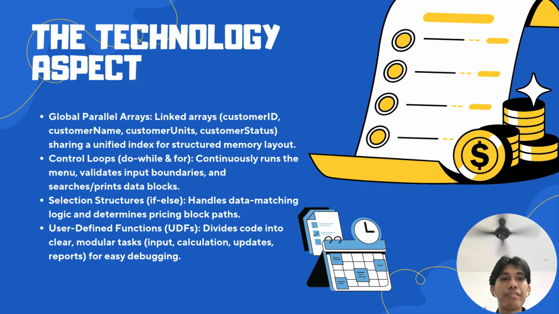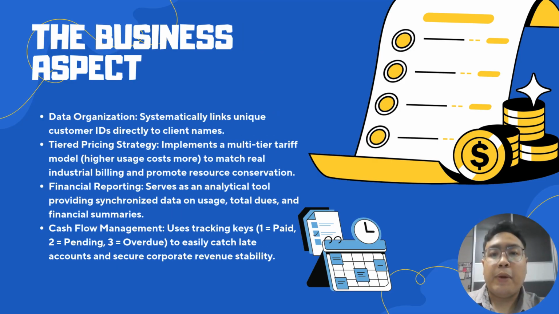We also use if-else statements to make decisions such as selecting the correct pricing tier and validating customer information. Finally, the program is divided into user-defined functions, making the code more organized, easier to debug, and easier to maintain.